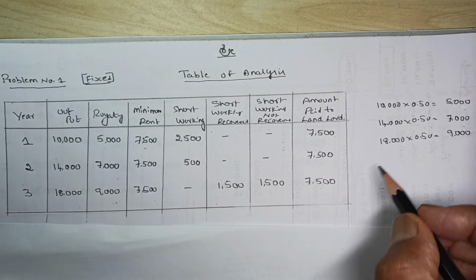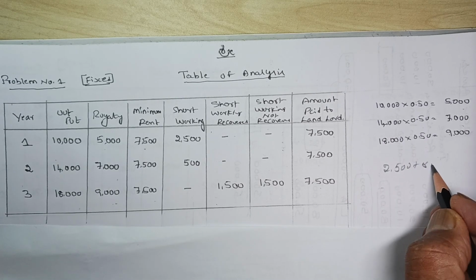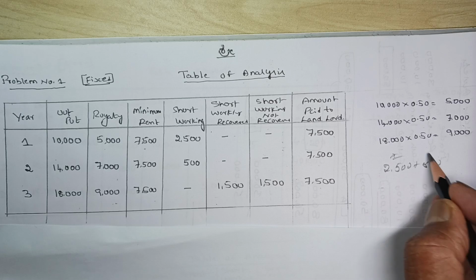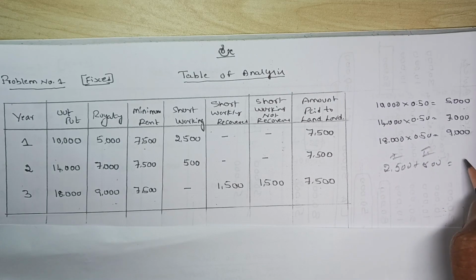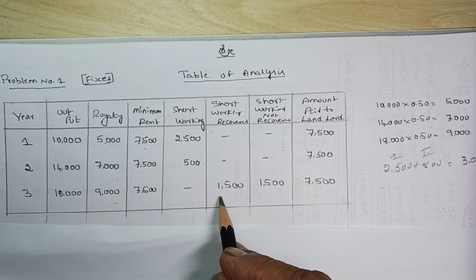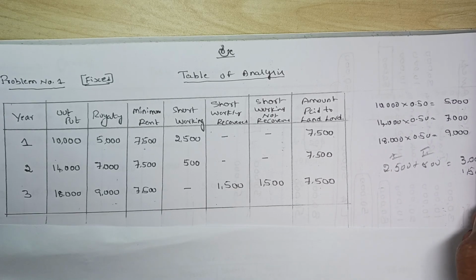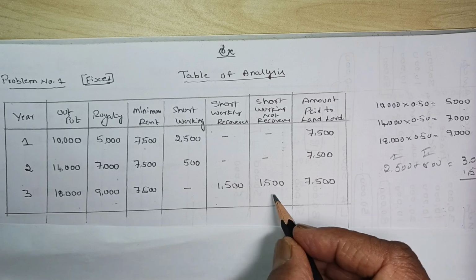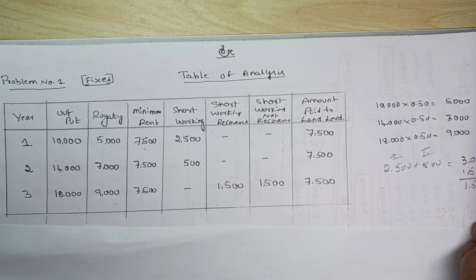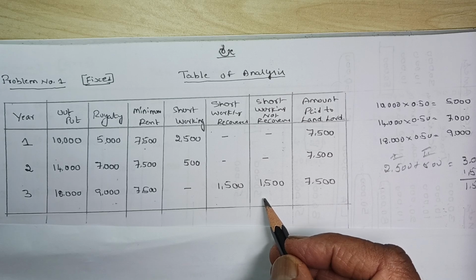So let us take 2,500 plus 500, first year and second year. Total is 3,000. But we were able to recoup only 1,500 in the third year. The 1,500 you could not recover is a loss that has to be borne by that person only.